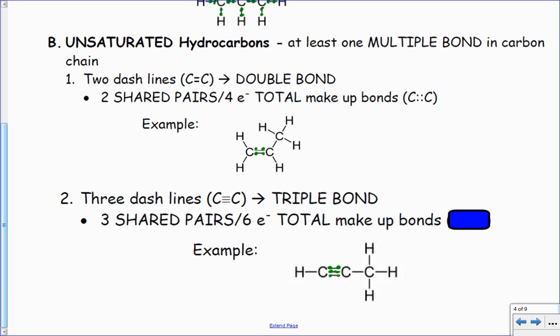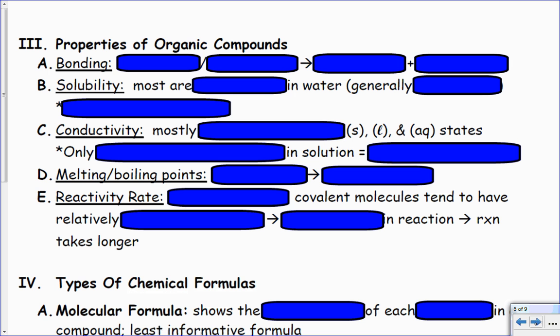So while our first formula was C3H8, our second formula was just C3H6, and our third is just C3H4. The number of hydrogens goes down, carbon stays the same. You have more and more levels of unsaturation.